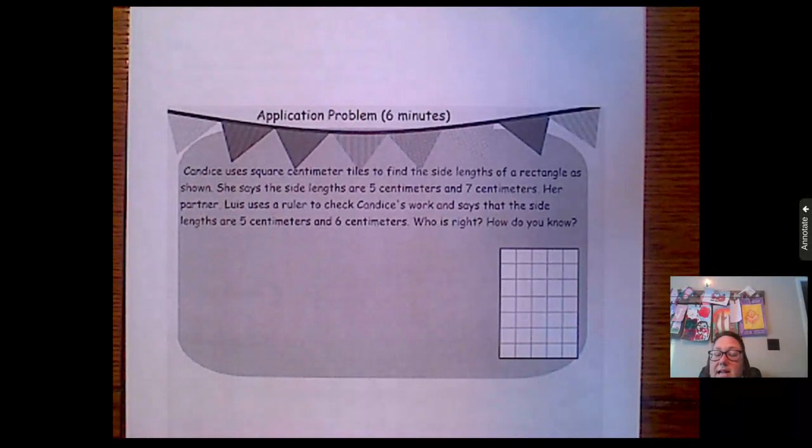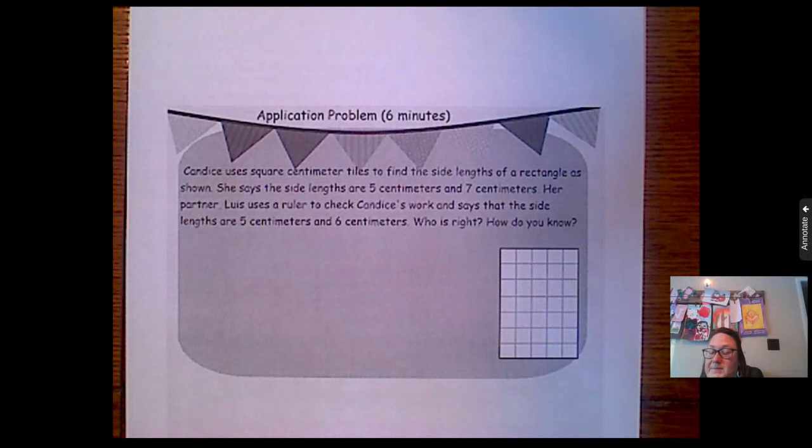Who is right, and how do you know? Take a look at that, boys and girls. What do you think? I'll give you about 30 seconds to take a look at that and decide who you agree with. So Candace says the side lengths are 5 centimeters and 7 centimeters. Louise says the side lengths are 5 centimeters and 6 centimeters. Who is right, and how do you know?